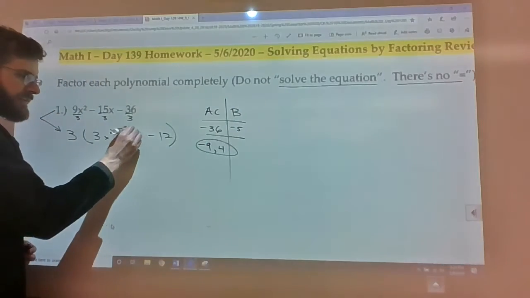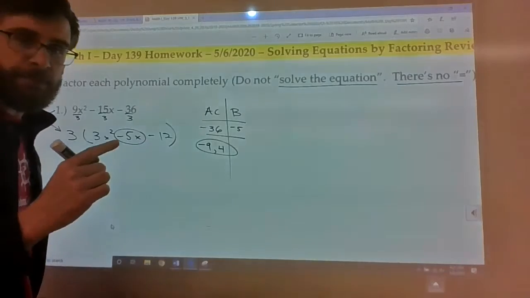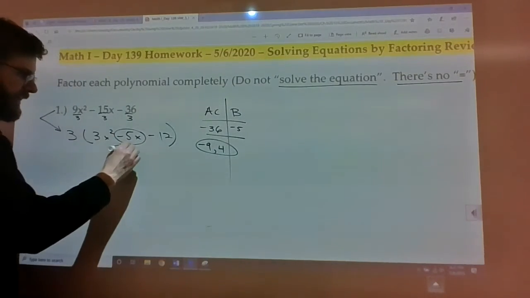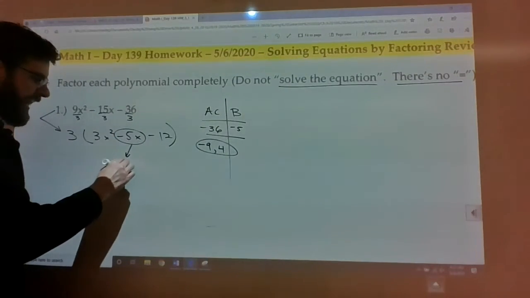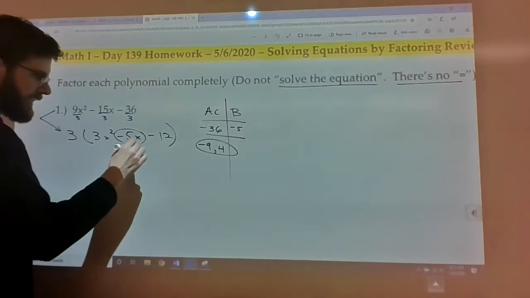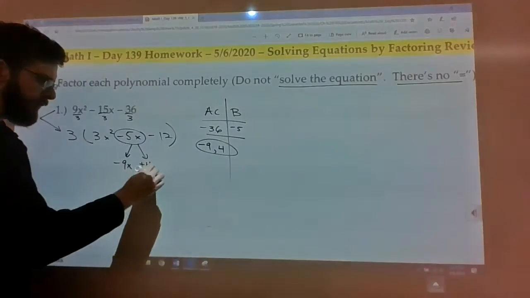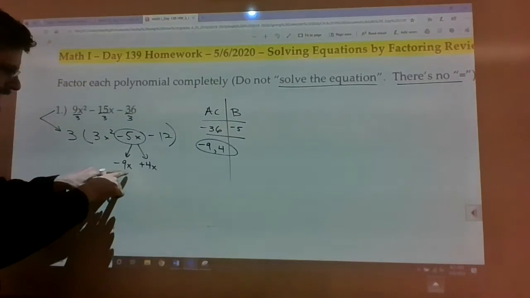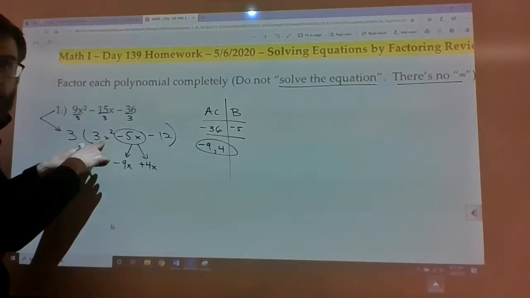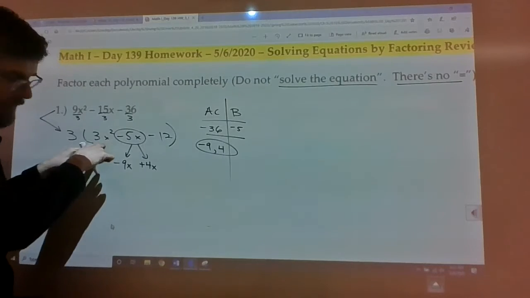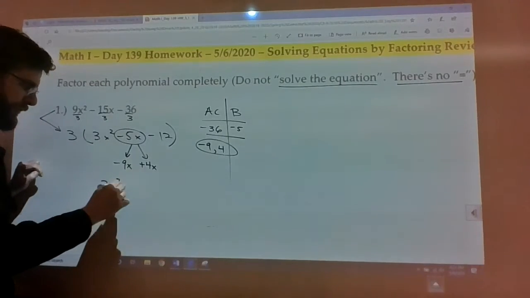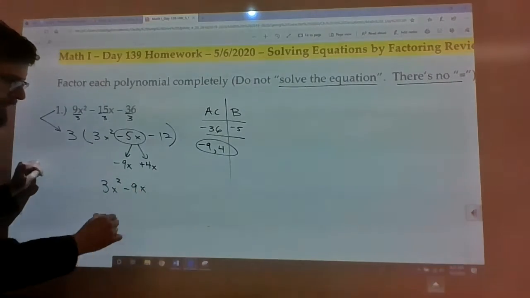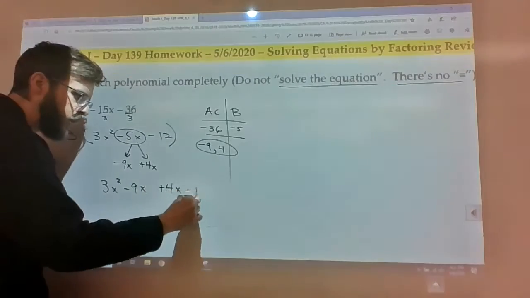So what we're going to do now is say this negative 5x is going to be replaced with negative 9x and a positive 4x. Okay? And I'm intentionally grouping the negative 9x with the 3x squared because I can see they share something right away. So 3x squared minus 9x plus 4x minus 12.